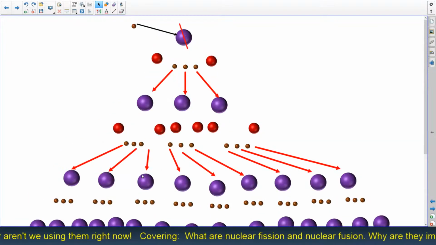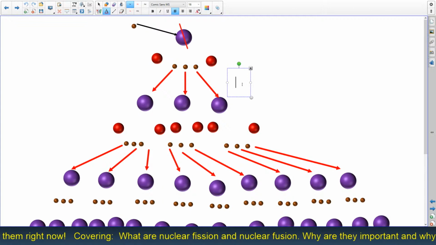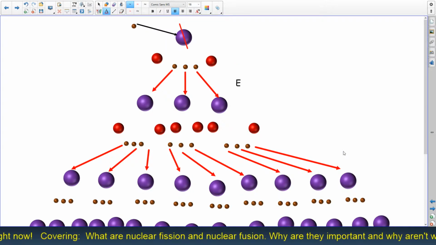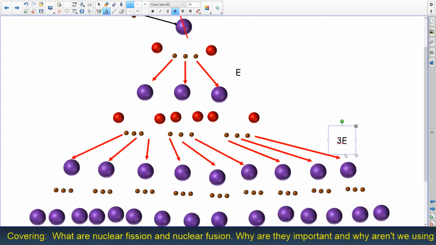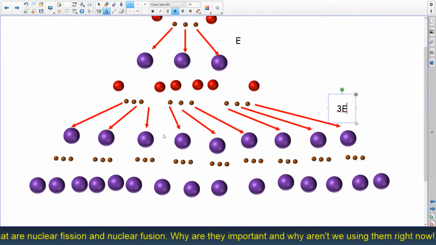This gets out of hand pretty majorly, because if the amount of energy created here is E, then the amount of energy created here is 3E. Yeah, because there's 3 times as many being split.